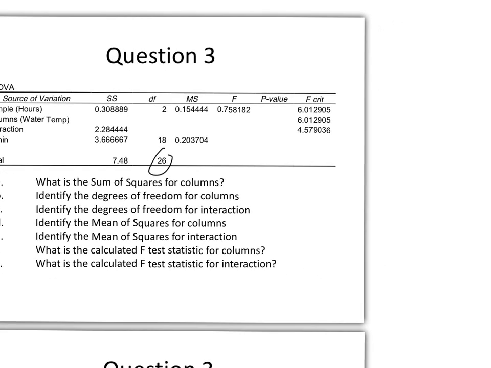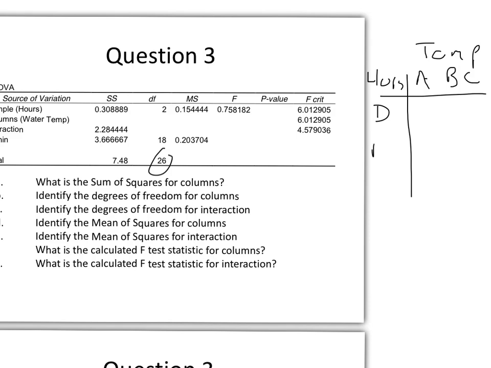If we imagine the table being laid out for testing in Excel, we would have 3 temperatures, and those are our columns, so we'll say A, B, and C, and this is temp. And then here we have the hours of the duration: D, E, and F. And to get to 27, each combination has been tested 3 times.